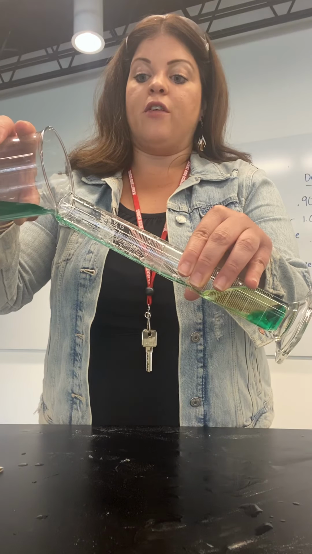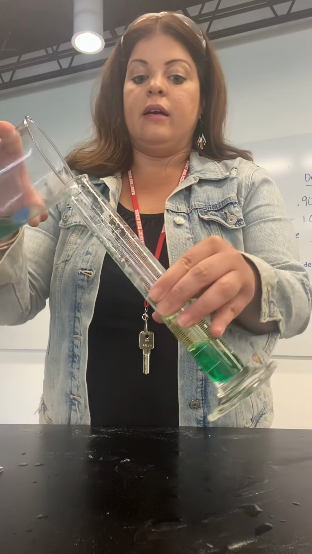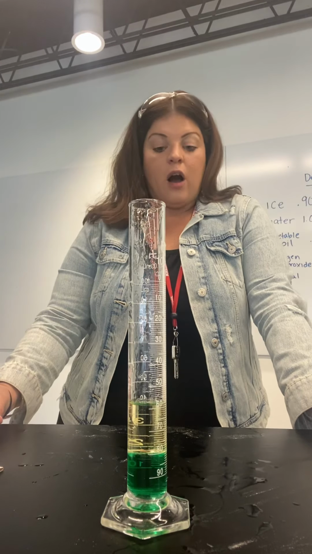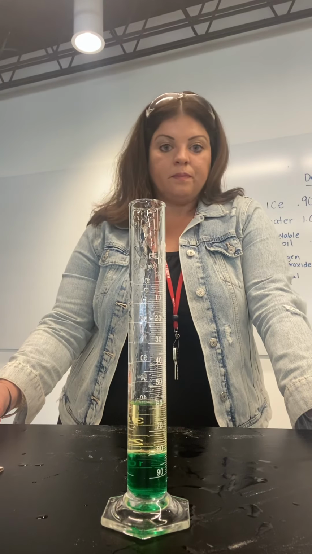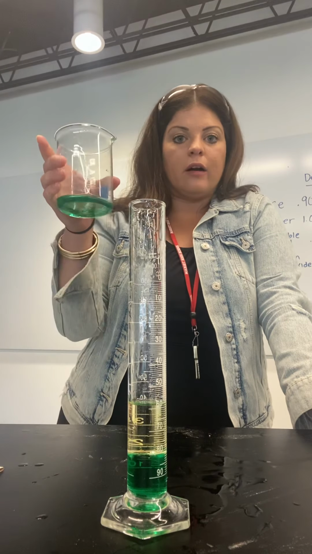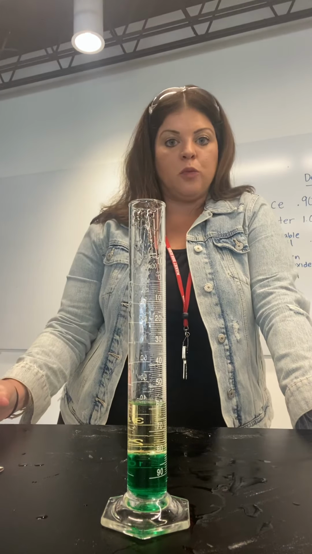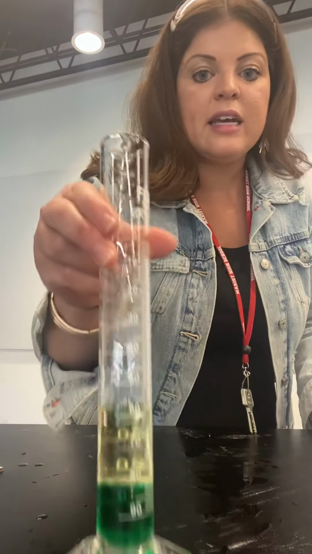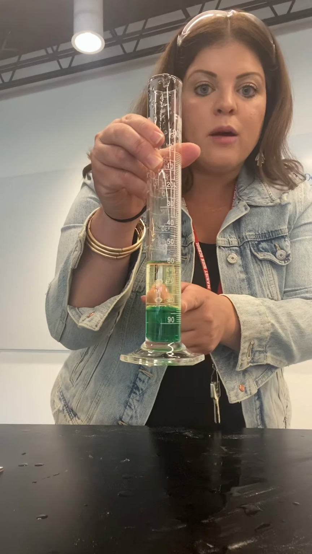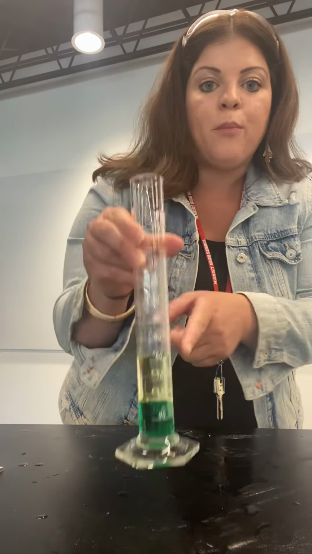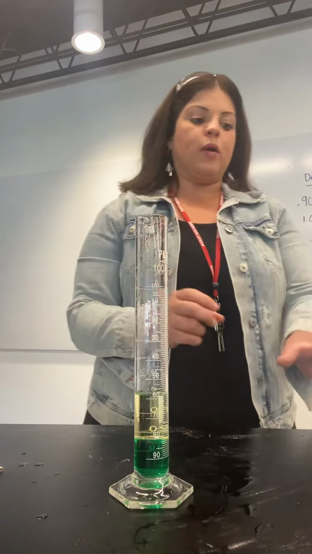And again, if you don't have a graduated cylinder at home, you can use any kind of cup that you may have. Interesting. I poured the water on top of the vegetable oil, but it sunk to the bottom, and you can clearly see that the water is on bottom with a density of 1, and the vegetable oil is on top with a density of 0.93.